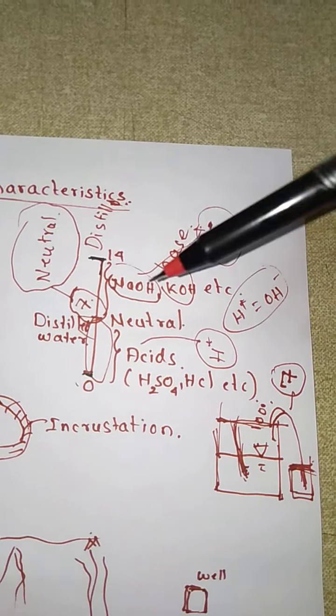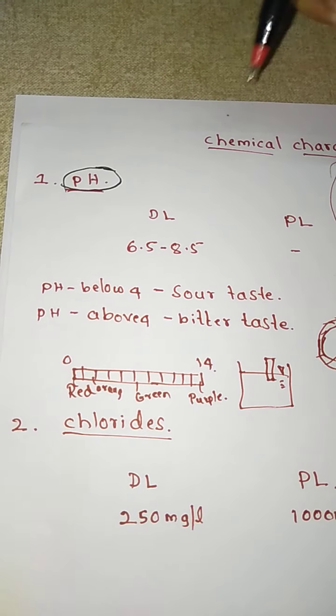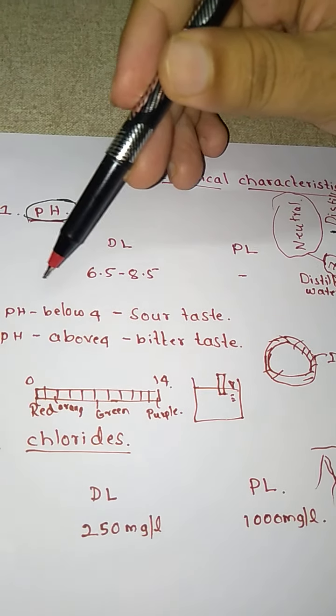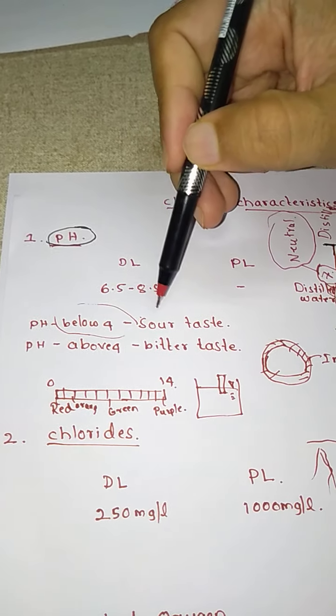Now, why does pH become important when we come to the chemical characteristics? When the pH of water is below 4, it gives us a sour taste.